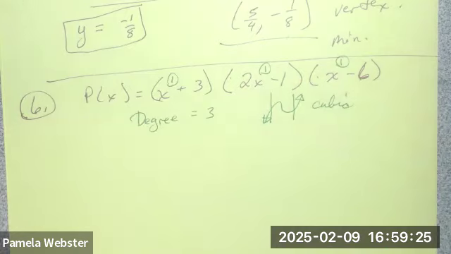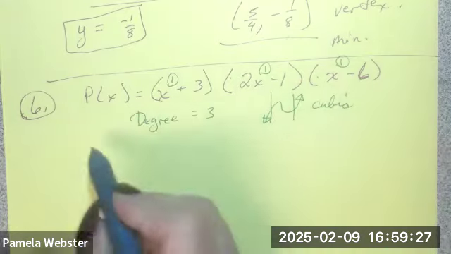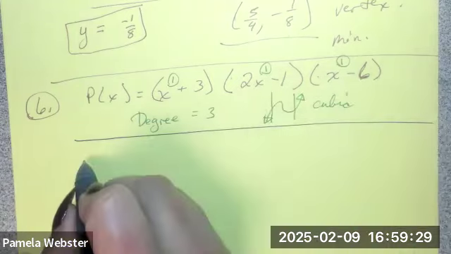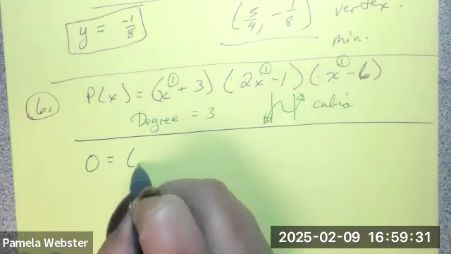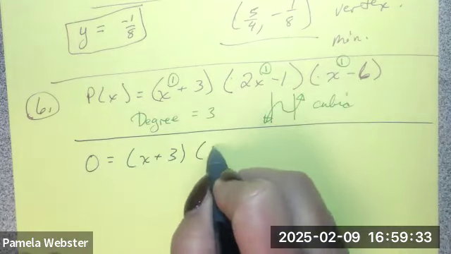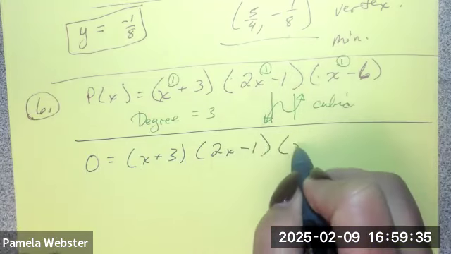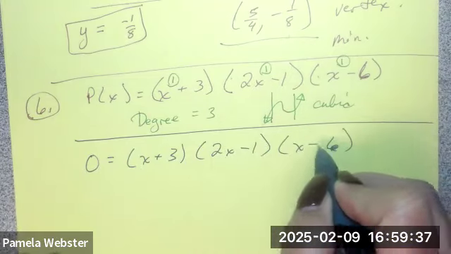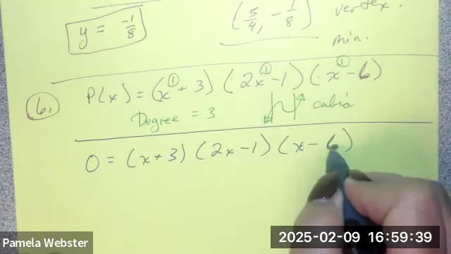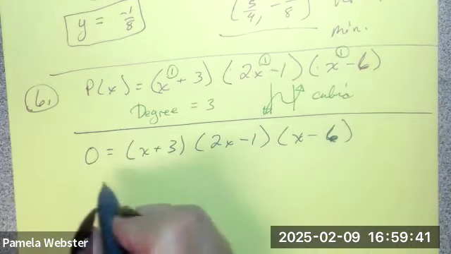But whenever I go to do my intercepts, it's the same process as what we've been doing the last 2 or 3 questions. 0 equals (x plus 3)(2x minus 1)(x minus 6). But because it's already factored for me, it's kind of nice. We didn't have to do that factoring process.